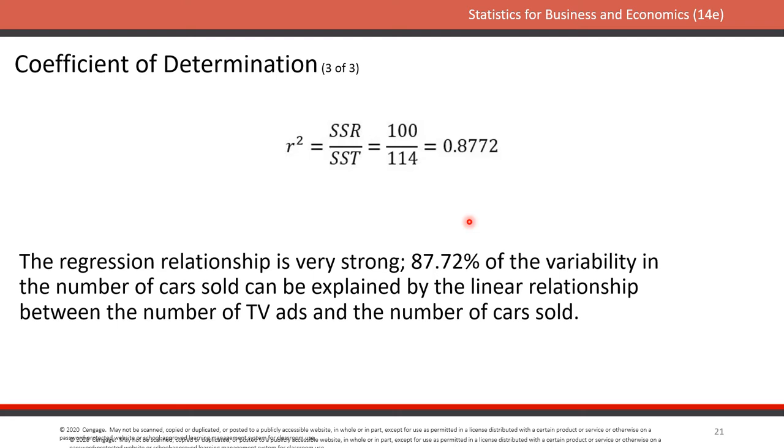So the maximum that any of those could account for, actually all of them together could account for, is 12 or 13% of the variability. And the TV ads is explaining 87% of the variability. So it's way more important than anything else that could possibly be there. So this would be very good news for somebody looking to consider TV ads. I guess I should be careful when I say that. This would be very good news if adding a TV ad did not cost me money.